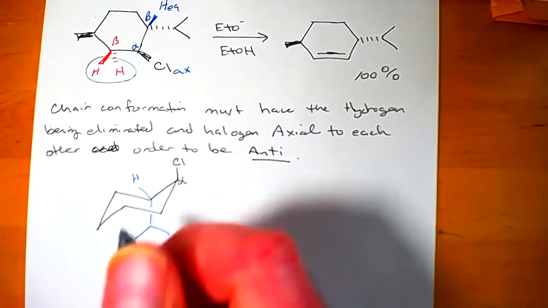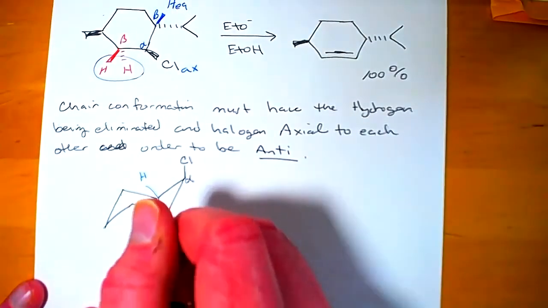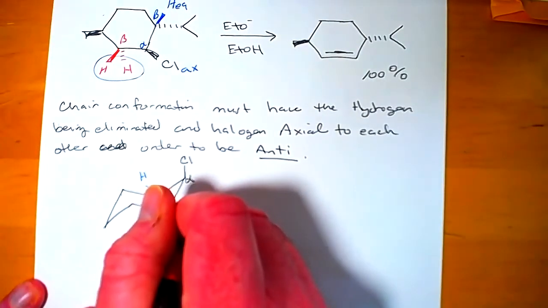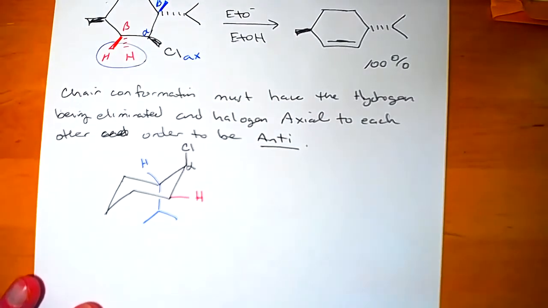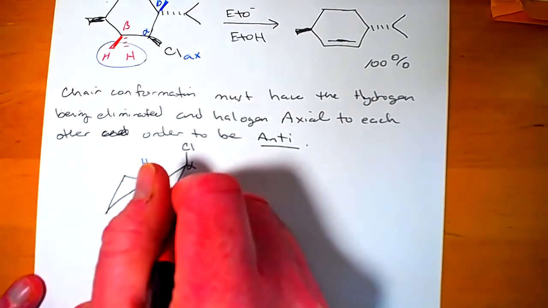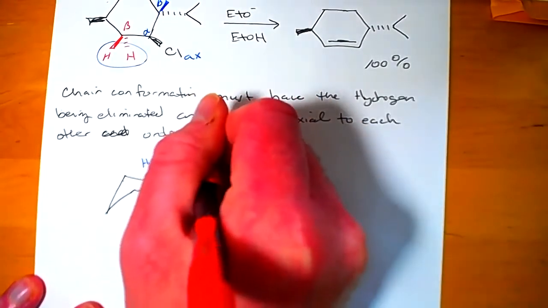And the other beta hydrogen over here, well, you have two of them. You have one hydrogen that I can draw equatorial, but there's another hydrogen that I can draw that is clearly axial.